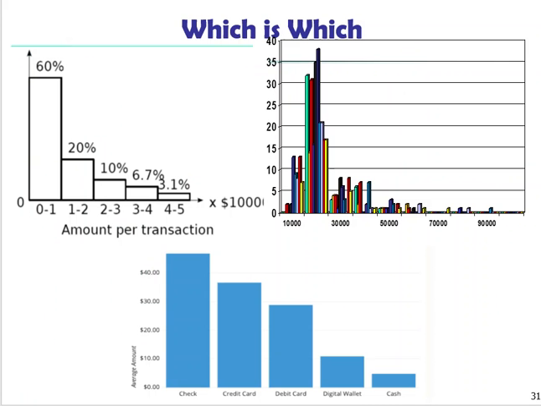So in this case, we have nominal variables here. So the payment type, check, credit card, debit card. There is no relation here. You can't say check is more or less than credit card.